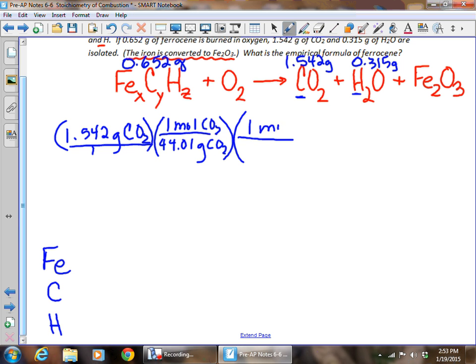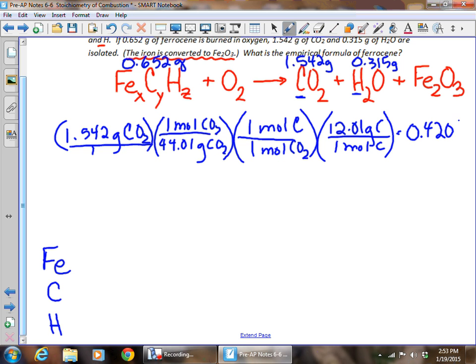So there's 1 mole of carbon for every 1 mole of CO2 and 12.01 grams of carbon per mole. And we end up with an amount of carbon of 0.4208 grams. So let's fill that in. That's our carbon, 0.4208 grams. We've got one puzzle piece.